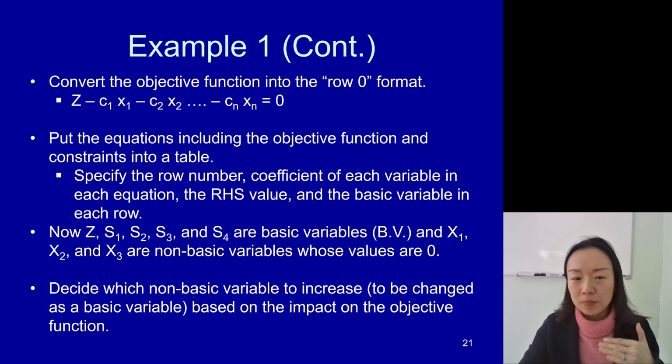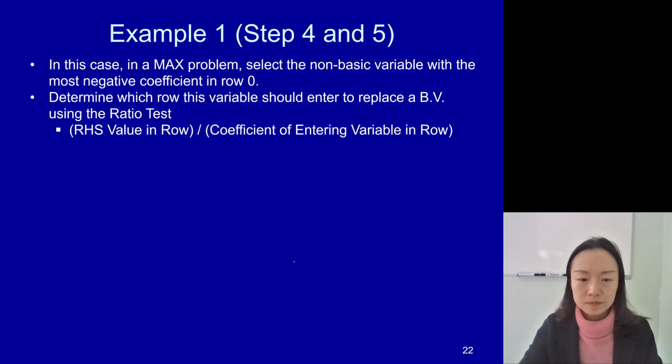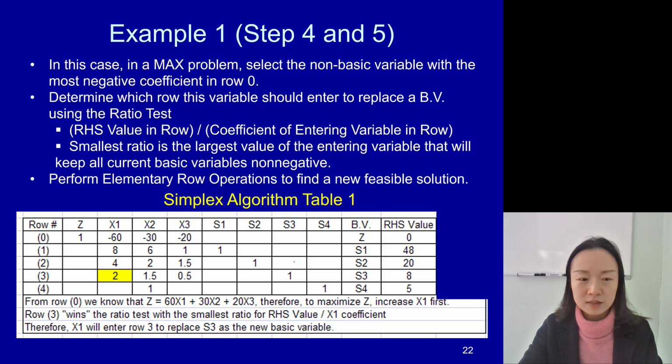We also have the basic variables. Now the z, s1, s2, s3, s4 are basic variables. And x1, x2, x3 are non-basic variables, which have a value of 0. So we're going to start.